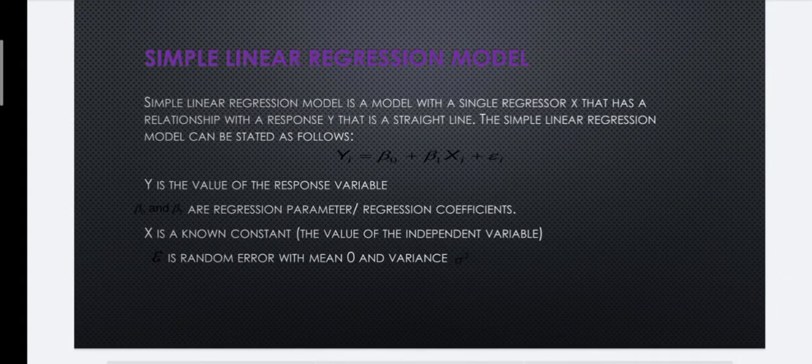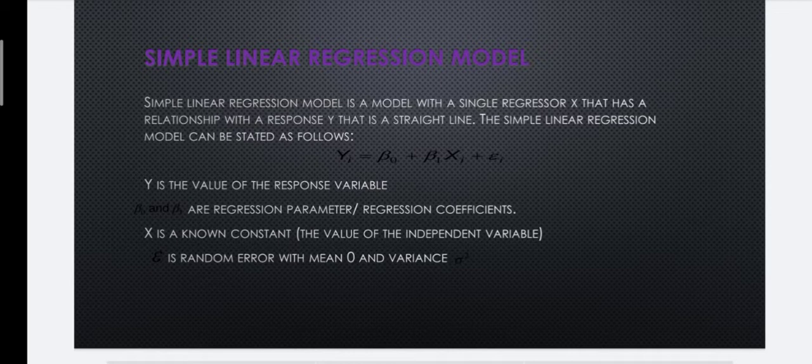Okay, so we go to the simple linear regression model. Kita masuk terus untuk simple linear regression model. So untuk simple linear regression model, it will involve the single regressor X that has a relationship with a response variable Y that is a straight line.